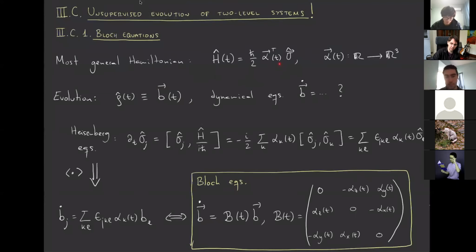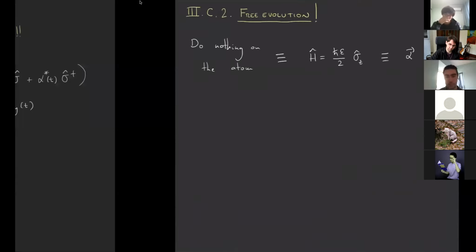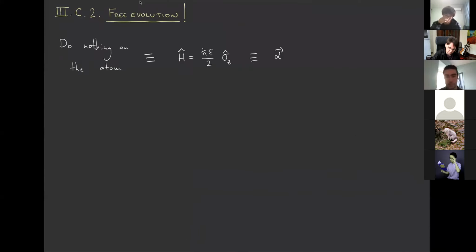But now alpha is going to be equal to 0 and 0 in the components x and y, and epsilon in the component z. Okay, so just alpha is equal to this. Then the Bloch equations in the complex form are given by just this equation here.